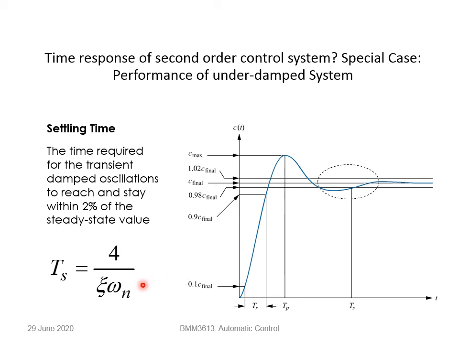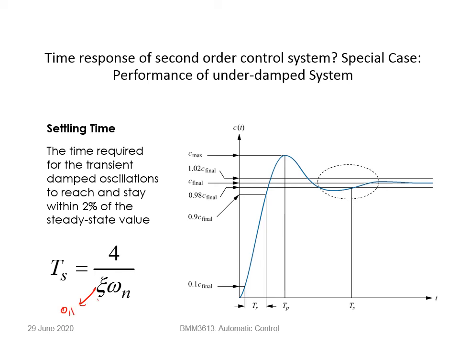So let's be a bit critical on this. What happens if we have a higher damping ratio, closer to 1? For an underdamped system, the damping ratio will always be between 0 and 1. But what happens if we have a lower or a higher zeta? Imagine zeta is closer to 0.1.